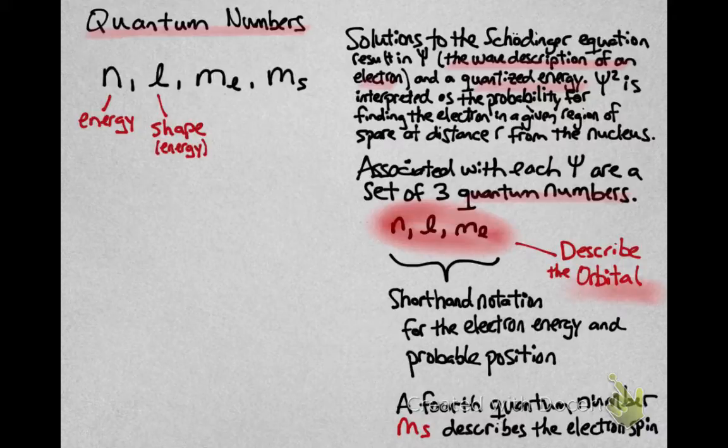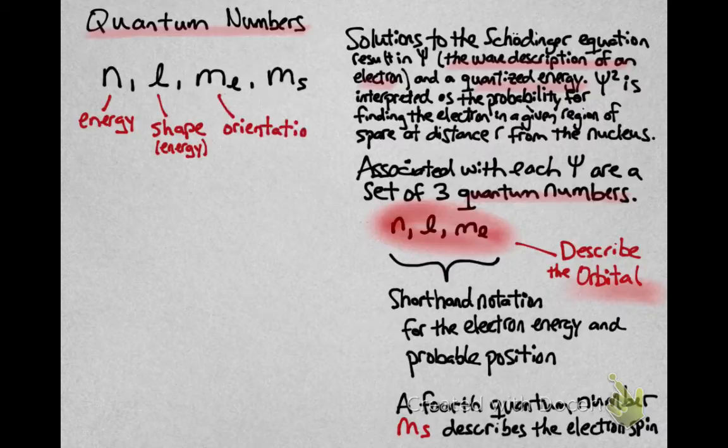In multi-electron systems, l also has an impact or a role in the description of the energy for the electron. So if you're talking about just one electron systems like the hydrogen atom, then n is energy and l is simply shape. But when we go to multi-electron systems, l also affects the energy.